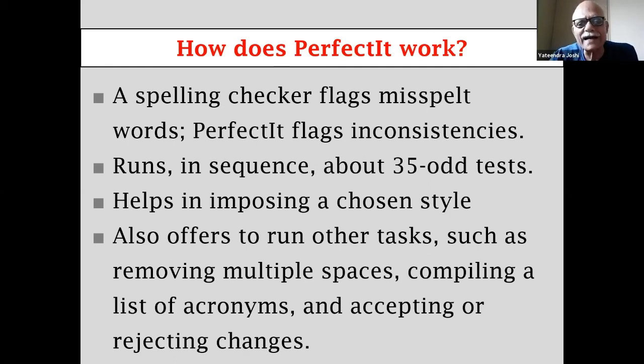And at the end of that, once it has run all the checks, it also offers to do some other tasks, like routine cleanup, removing multiple spaces. That is, if you have 2 or 3 spaces, it will replace them with one space. If you want to generate a list of acronyms that are used in your file, it will do that, and so on. So that is what it does.